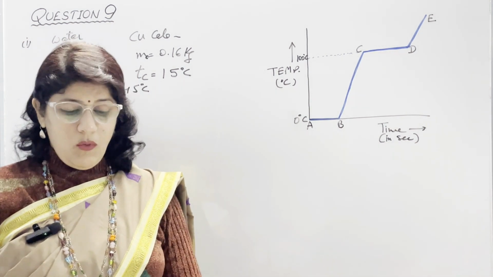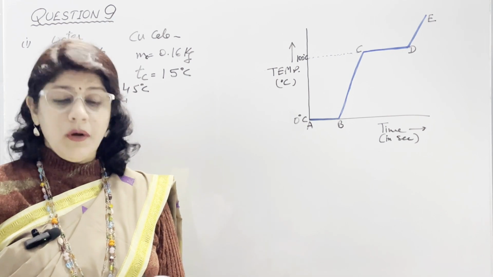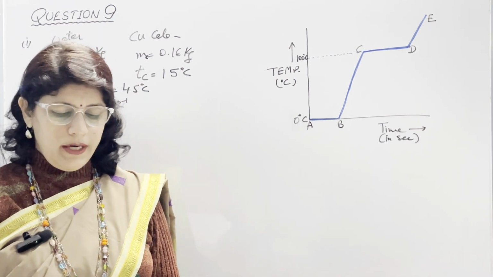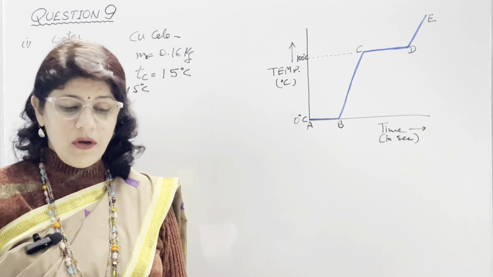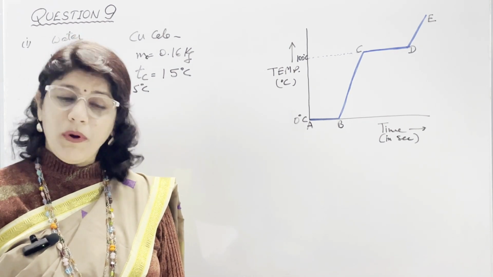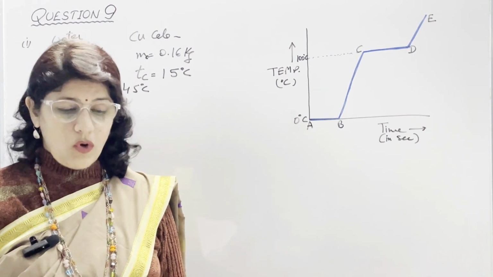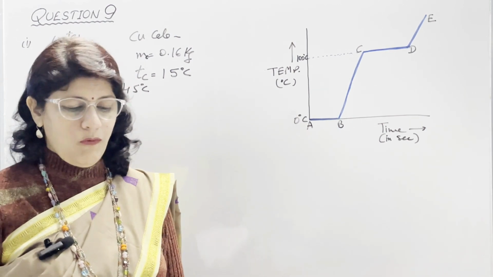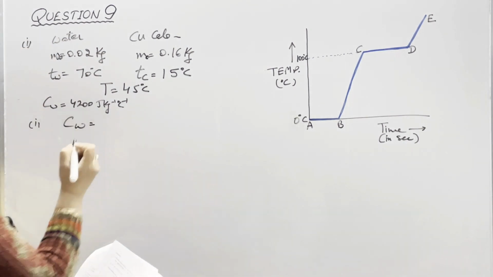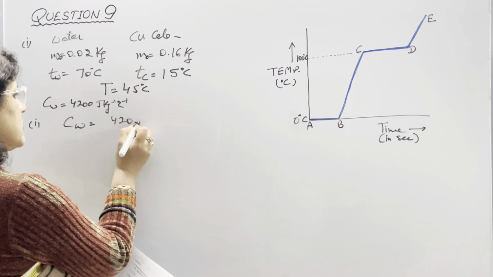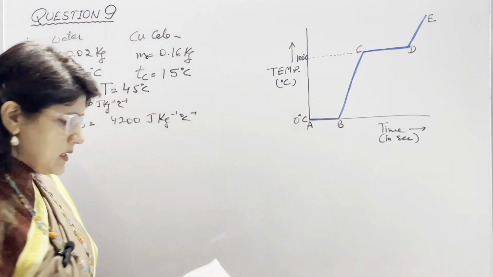In A part, what is the quantity of heat released per kg of water per 1 degree Celsius fall in temperature? We know the heat energy released by 1 kg of water per 1 degree Celsius fall in temperature is the magnitude of the specific heat capacity of water. It means this is itself the specific heat capacity of water, and its value is 4200 joule per kg per degree Celsius.